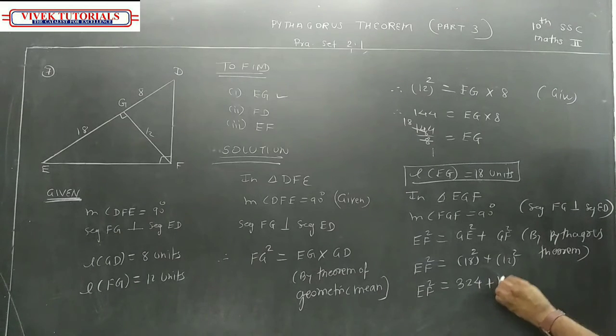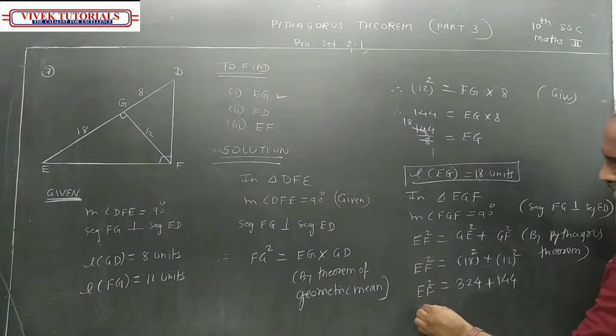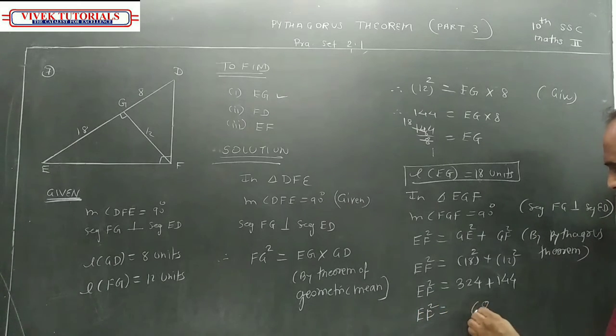Plus 12 square, which is 144. So EF square is equal to 468. Taking the positive square root, what will I get?